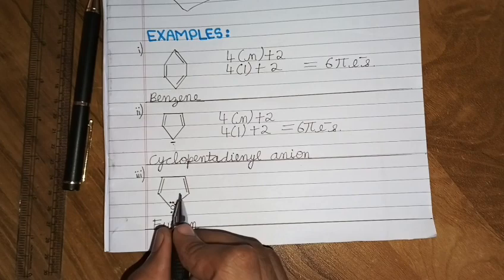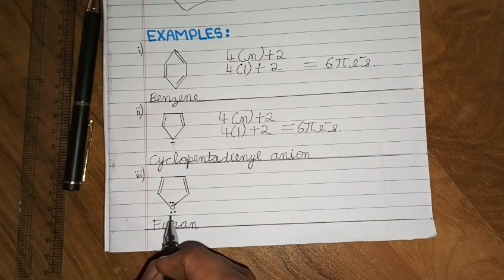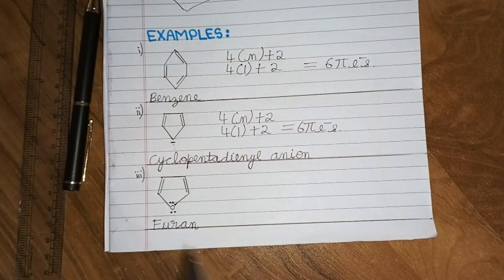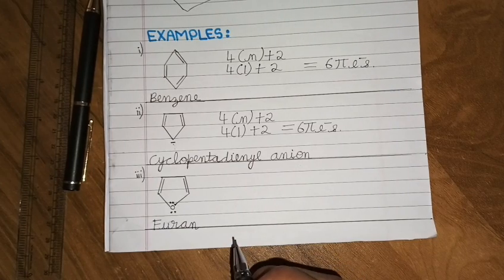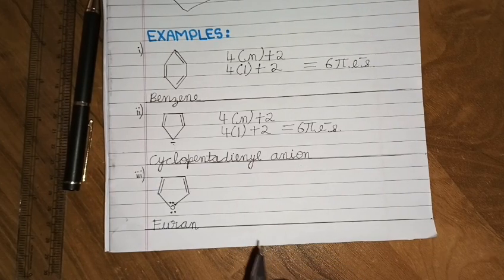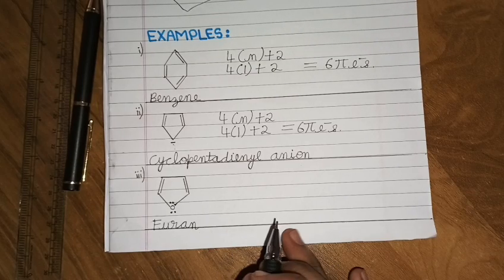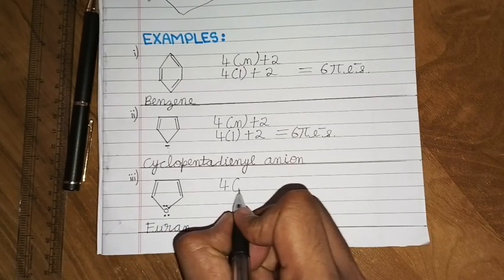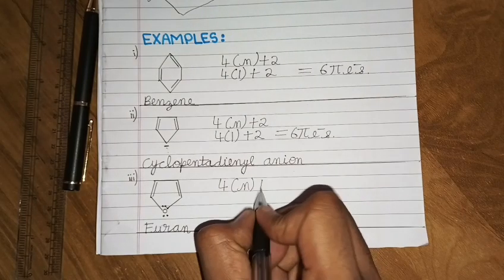So the next structure we have is furan, and here there are 1, 2, 3, 4, and these lone pairs act as one pi bond, meaning two electrons. So here also the answer is 6 only. We are going to write the same formula, 4 into n plus 2.